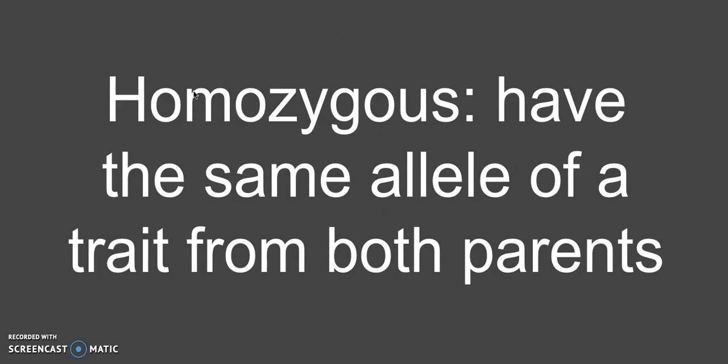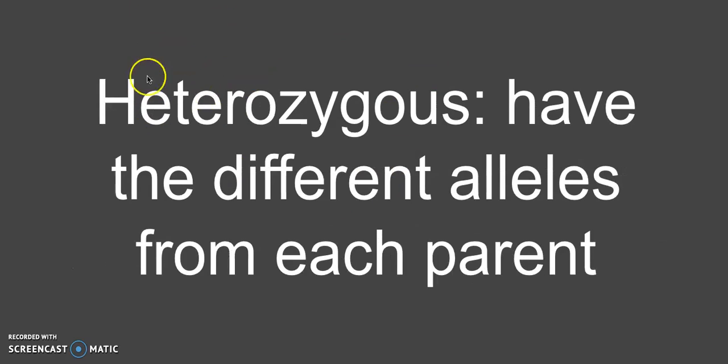In comparison to heterozygous: hetero means different, so you have different alleles from each of your parents. Say you inherit a wet earwax allele from your dad and a dry earwax allele from your mom.